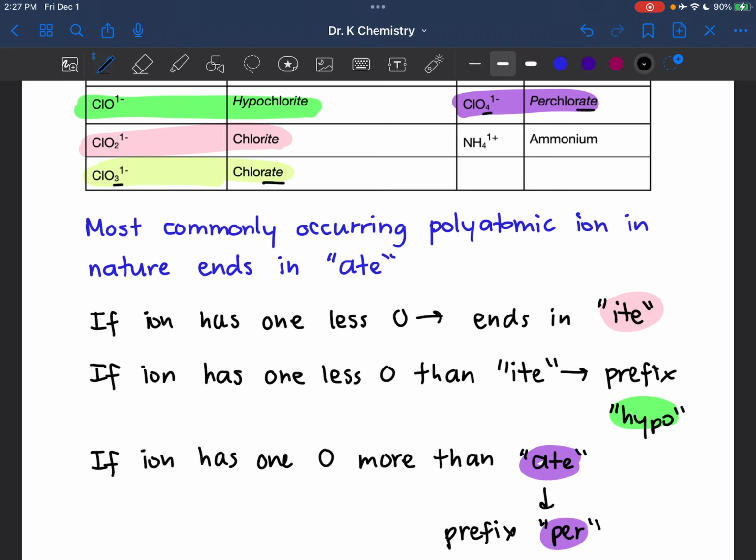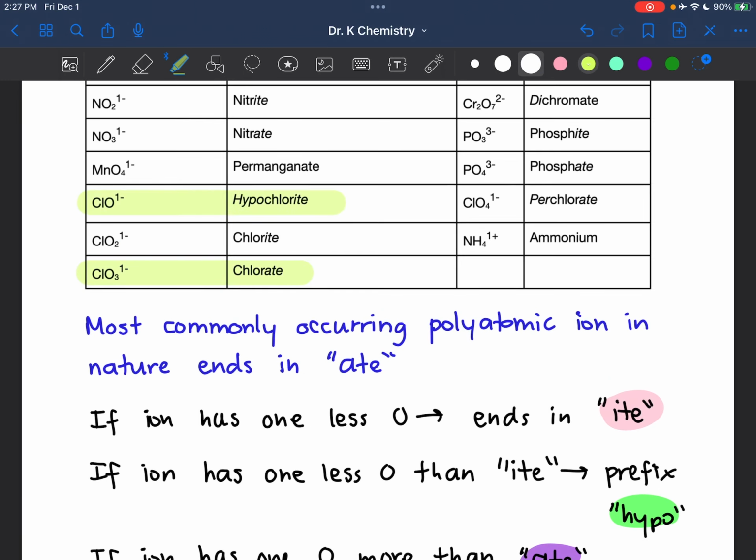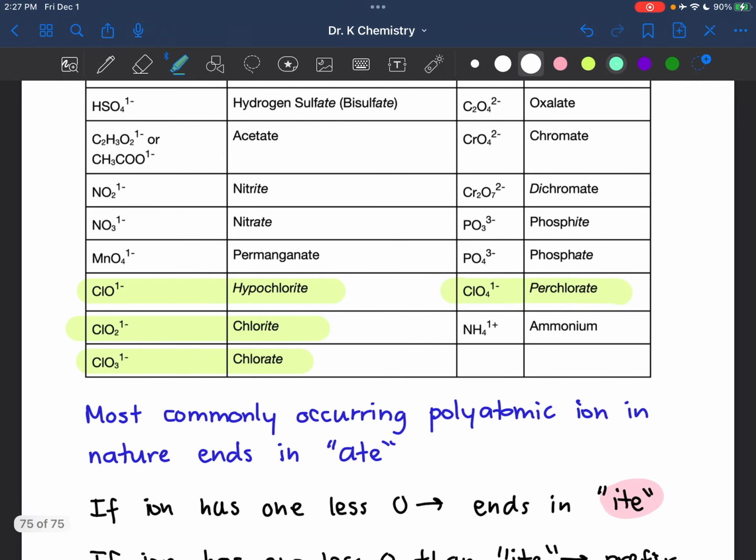So perchlorate has 4 oxygens in the formula, and it uses that prefix per to indicate that. So if you know those rules, really what you need to do is memorize chlorate right there. And based off of that, you can figure out hypochlorite, chlorite, and perchlorate.